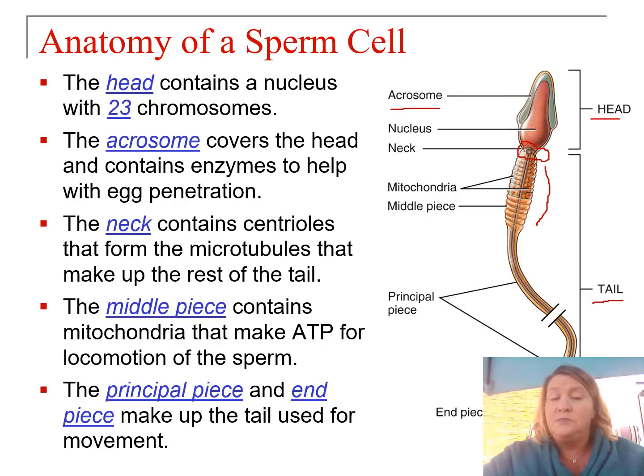They make ATP for locomotion. It takes a lot of ATP to move the tail back and forth for motility of the sperm. And so this whole middle piece is reserved and is just full of mitochondria. And then finally the principal piece, end piece, makes up the tail. And again, that's a flagella. It's all for movement.